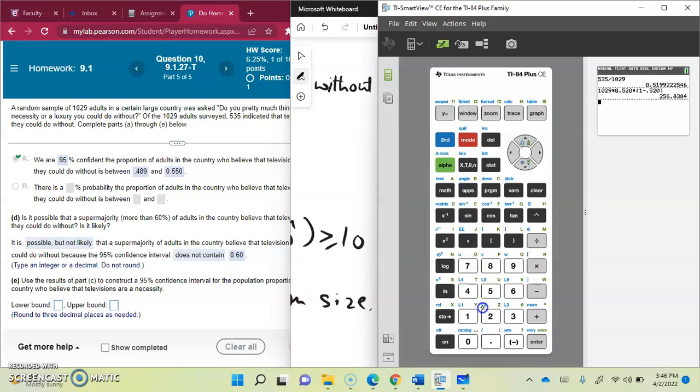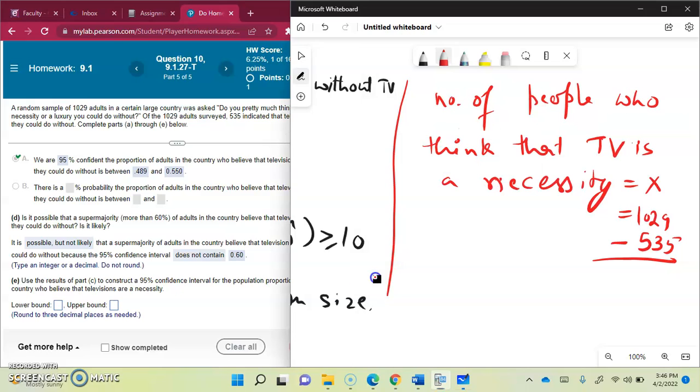So that's 494. We are going to use this as our X, and the sample size N is still the same, to calculate another confidence interval.